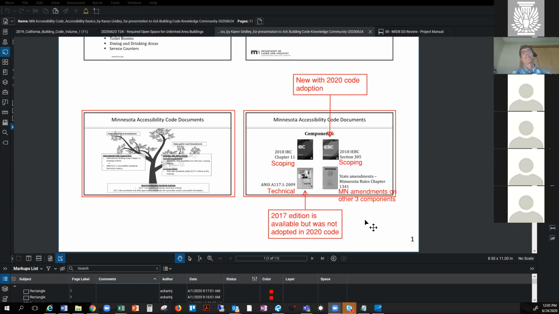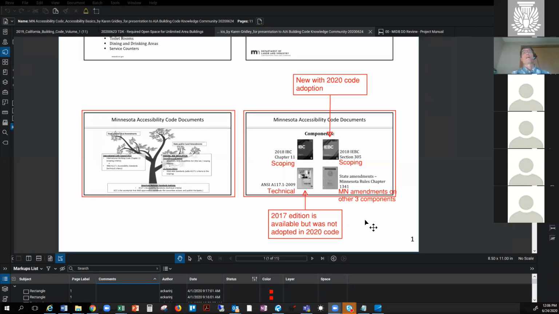2018, the IBC Chapter 11. This is taking that information verbatim, but then amending it. So what you will see in 1341 is that everything gets cross-referenced or taken right out of the 2018 code and sends you here from Chapter 11.